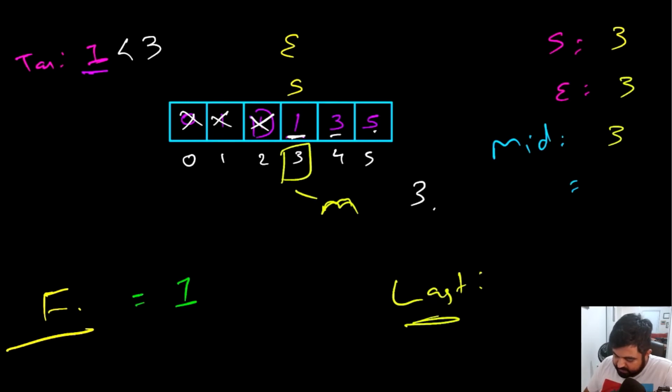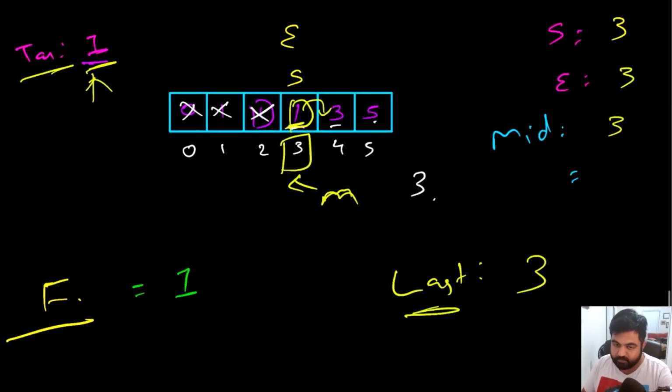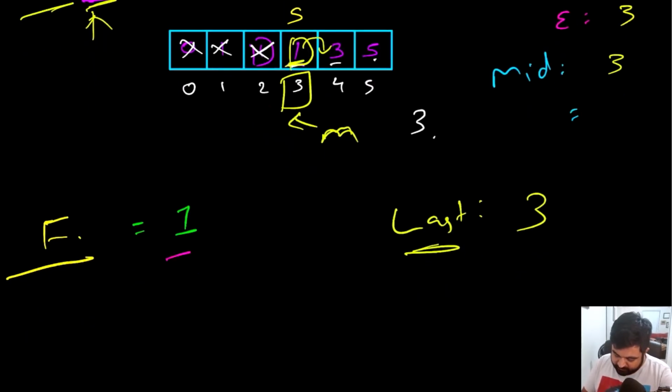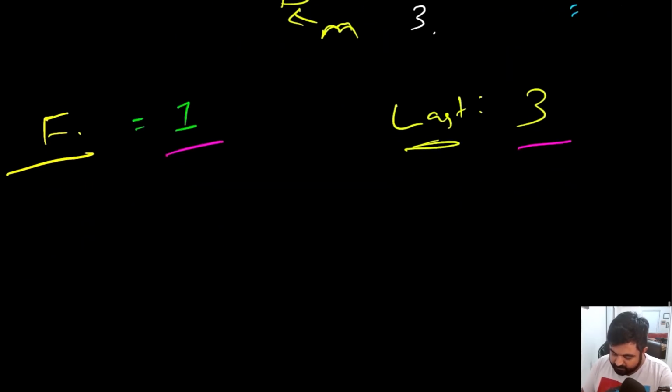Now this is the middle pointer, and this is exactly the target value. That solves one part of the problem. Now we compare its very next element, and that value is not the target value, which means that this is the last occurrence of 1. So the value is 3, and we mark 3 as the answer. Now we find f is equal to 1 and l is equal to 3. We have both the values, and that is what we need to return as the answer.